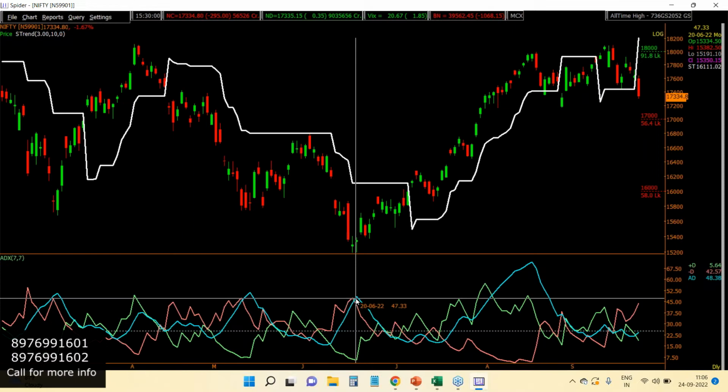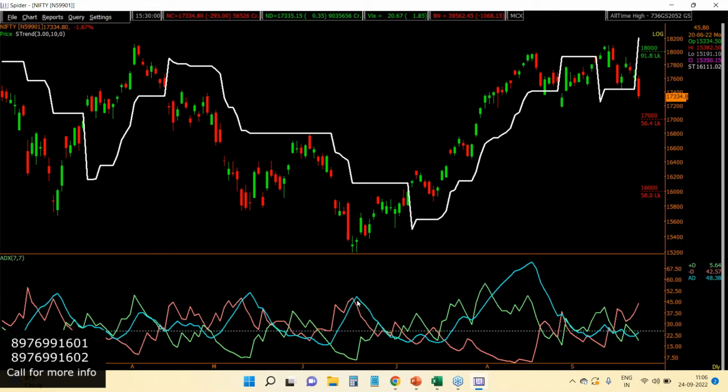As you can see, it's above 25 and it's a very good value currently. If you see where it began, at this point, the ADX has just crossed the level of 25. Also the red line is showing you the momentum side, in which direction this trend should be continuing currently.